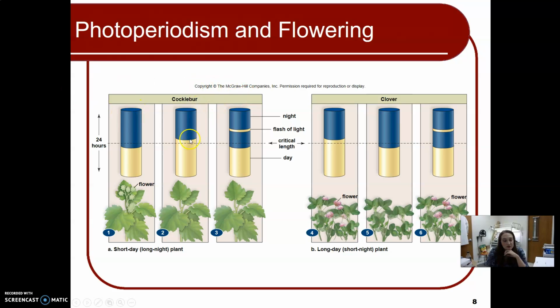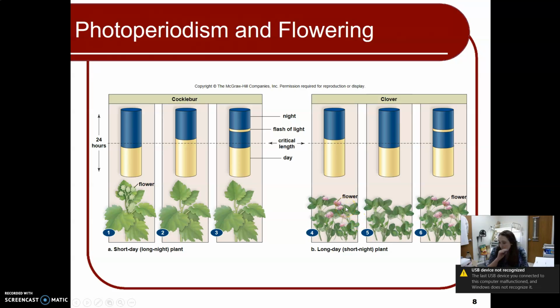If there's not enough darkness, like in the summer, they are not going to flower. When the night is long enough, they flower. Too short of a night and too long of a day, they're not going to flower. The interesting part is in the lab, if you give them daylight but a long night, and you interrupt it with a little flash of daylight, they still won't flower. That night has been broken up too much.